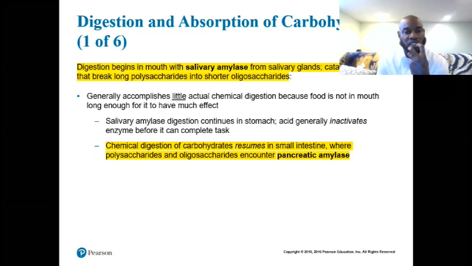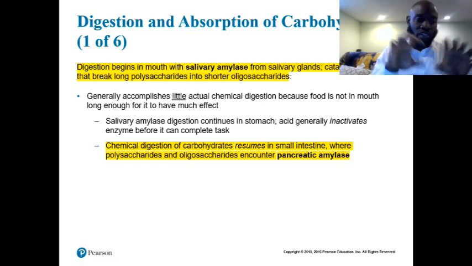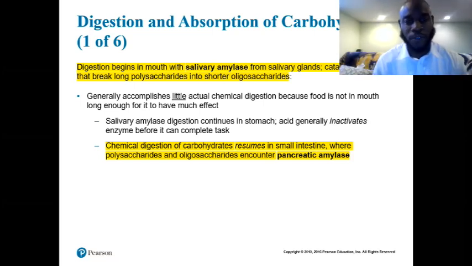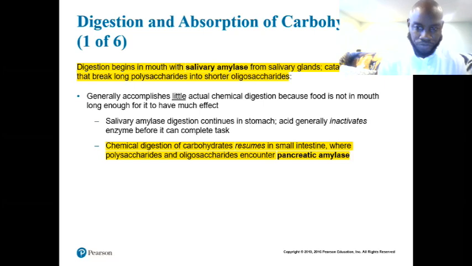But with carbohydrates specifically, you have salivary amylase, an enzyme secreted from your salivary glands in the oral area, that catalyzes reactions that break long polysaccharides. Remember, a polysaccharide is just a chain of monosaccharides. It breaks them into shorter chains we call oligosaccharides. So there's a little bit of chemical digestion, but there's a lot of mastication, a lot of mechanical digestion.